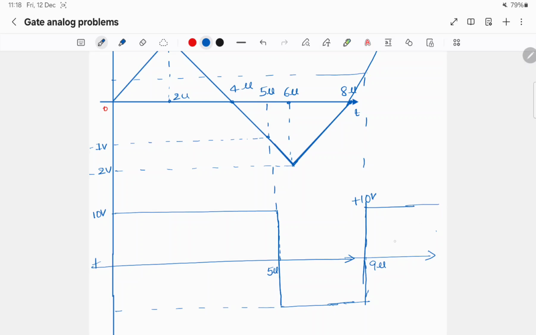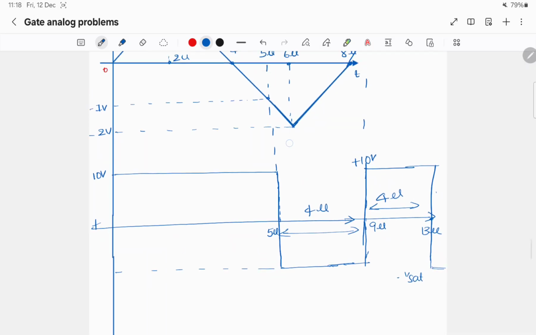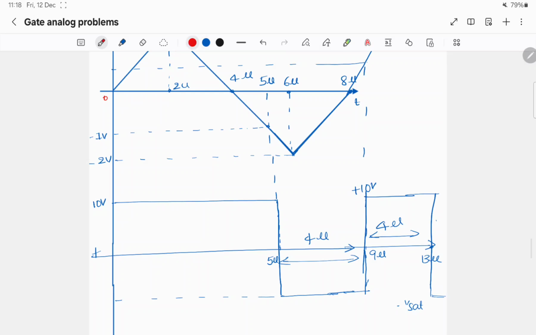This will happen every 4 microseconds. Then again at 13 microseconds, it will come to negative Vsat. So when this is compared with input, there is 1 microsecond delay with respect to input.